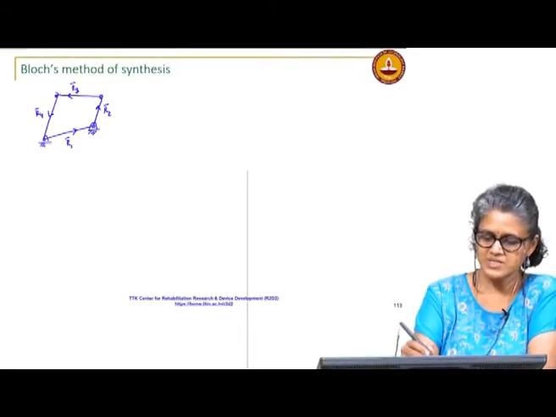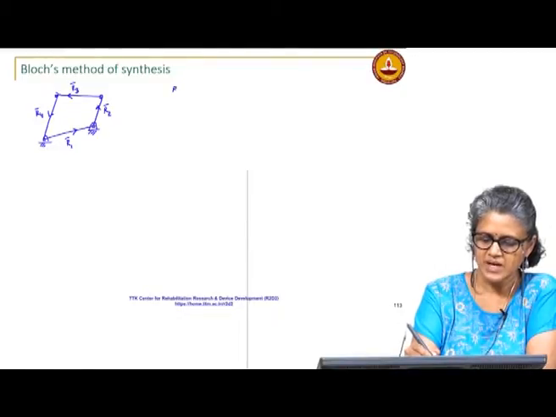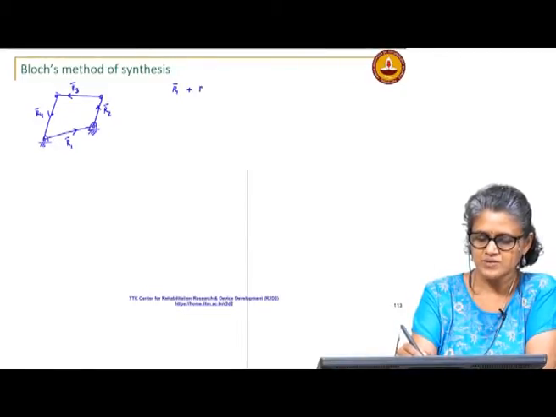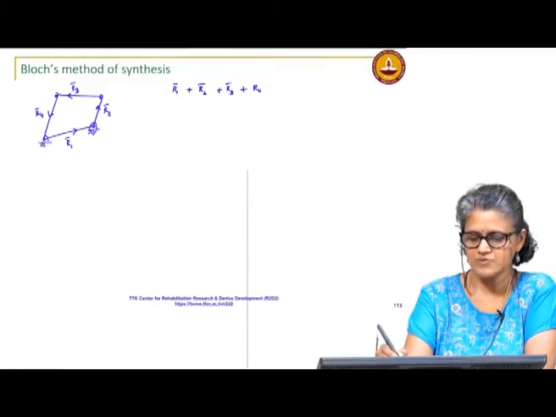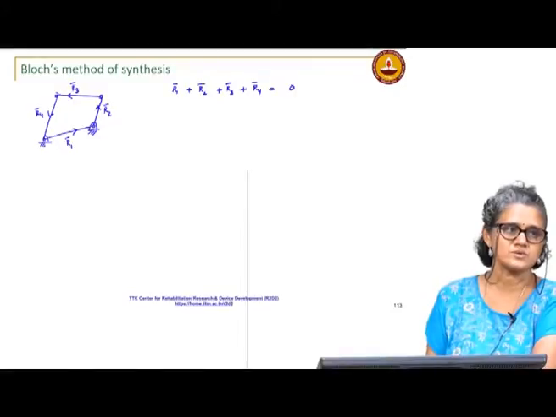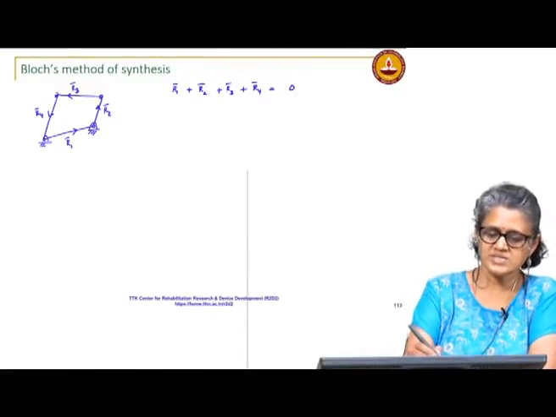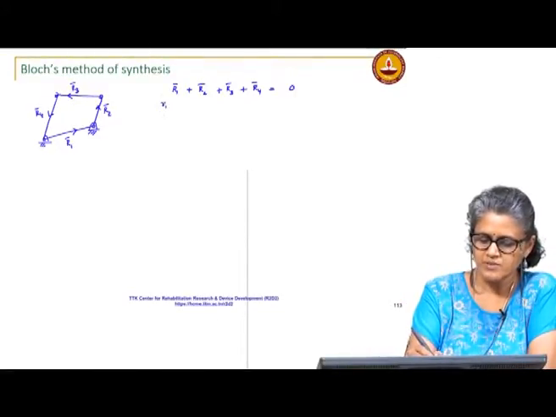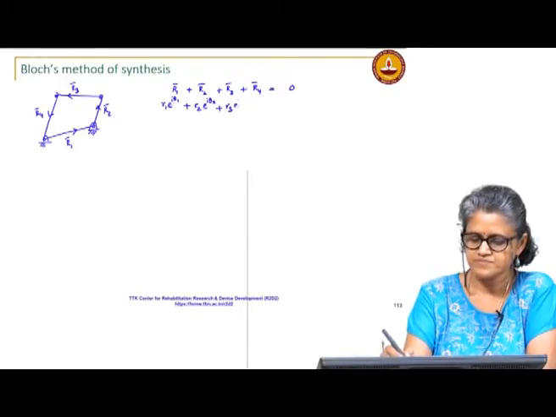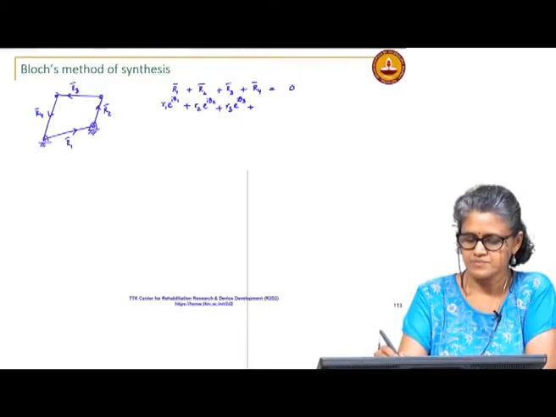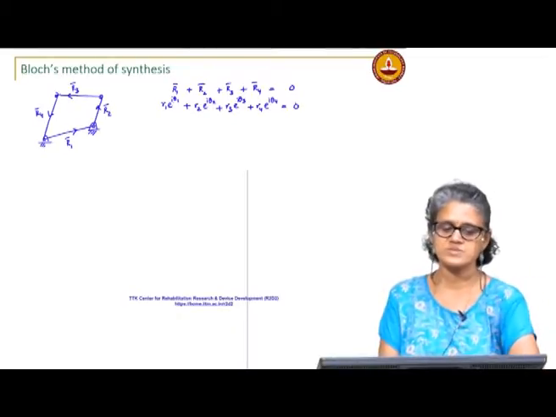So, the first equation that I had was r 1 plus r 2 plus r 3 plus r 4 equal to 0, my loop closure, and I wrote this in complex form to get r 1 e power i theta 1 plus r 2 e power i theta 2 and so on, equal to 0.